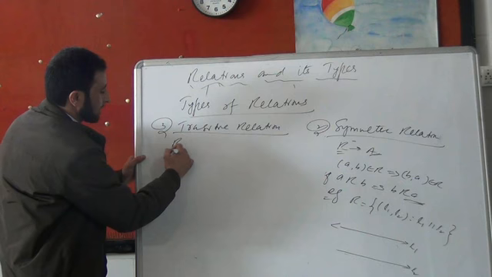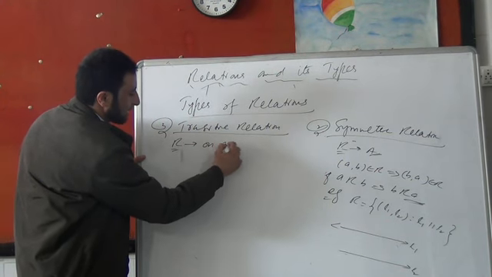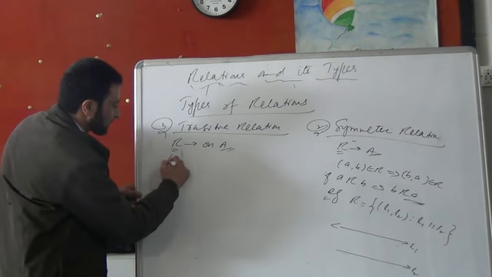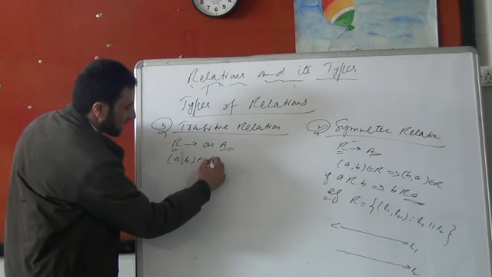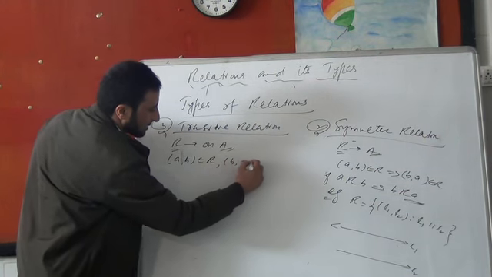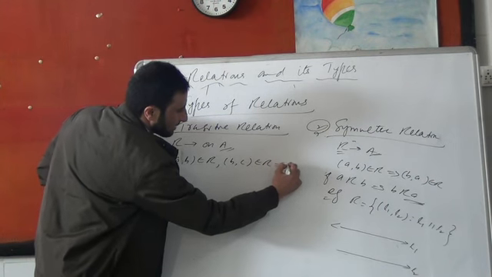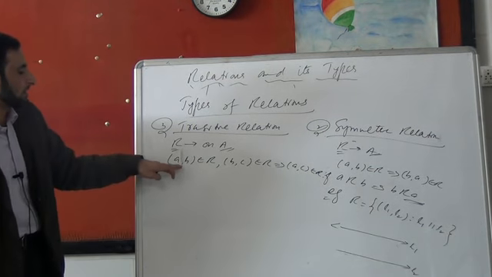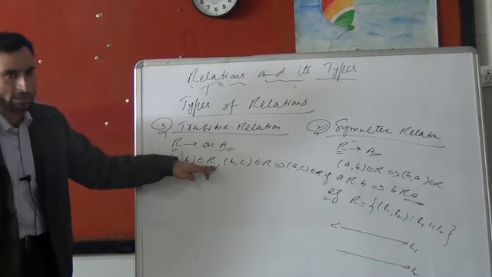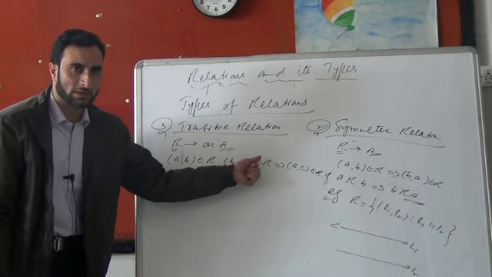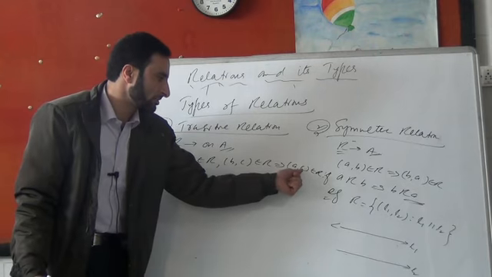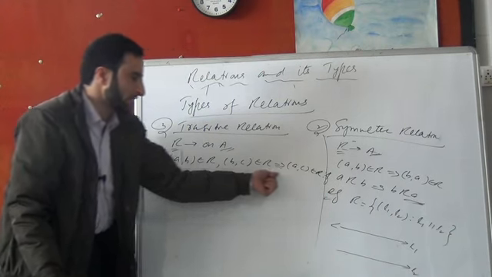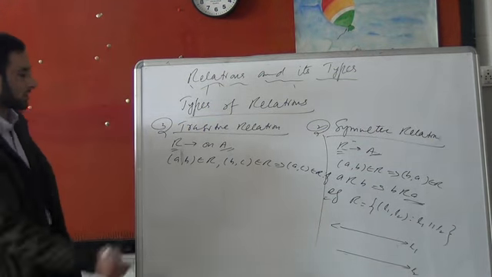A relation R on a non-empty set A is said to be a transitive relation if and only if (a, b) belongs to R and (b, c) belongs to R implies (a, c) should belong to R. It means if you have an ordered pair (a, b) in the relation R and (b, c) is in the relation R, then clearly there should be an ordered pair (a, c) which belongs to the relation R. Then the relation will be transitive.